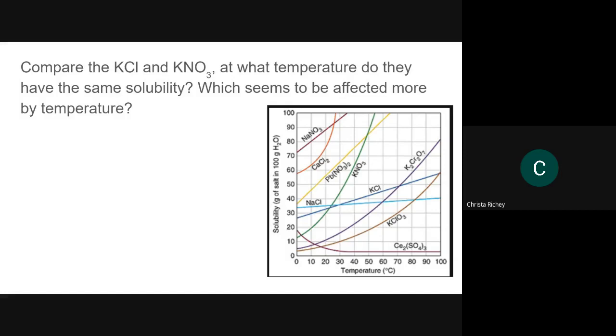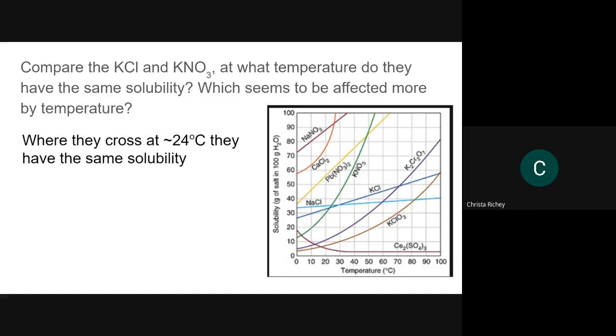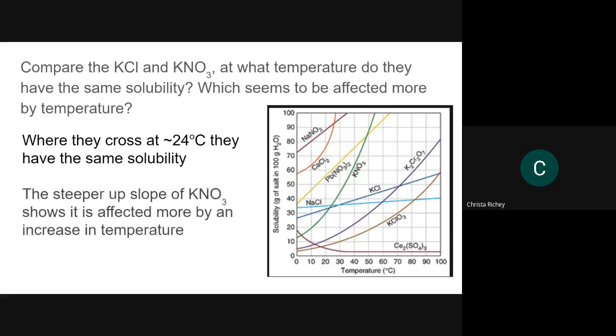The one on the left is the mass, so both of them are able to dissolve 34 grams, and then when I go down, it's between 20 and 30, and I put it at approximately 24 degrees Celsius. If it asks how many grams, that's on the left-hand side. If it asks temperature, that's on the bottom.